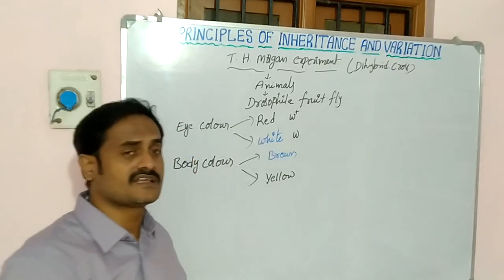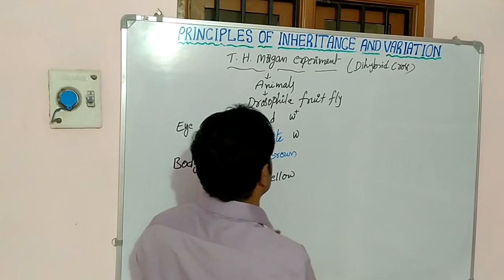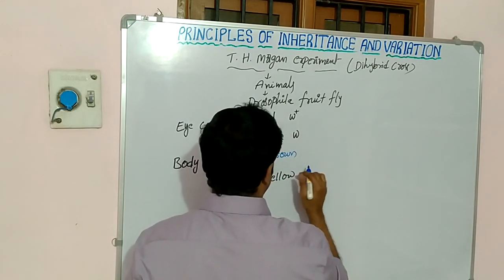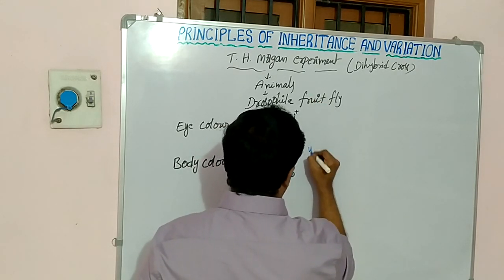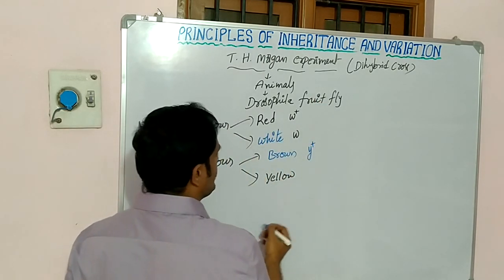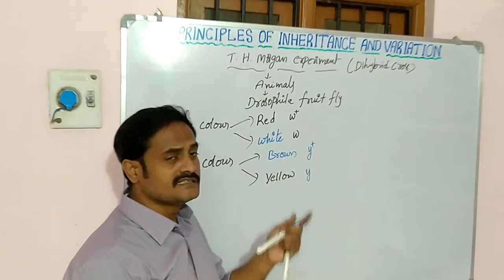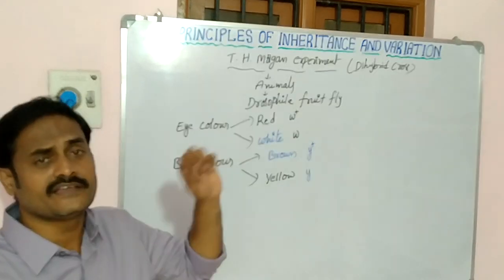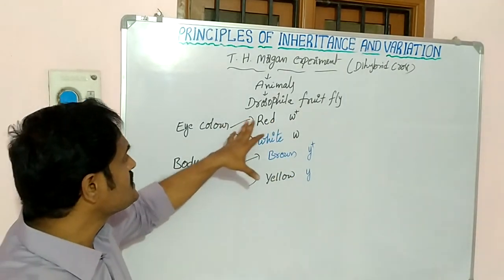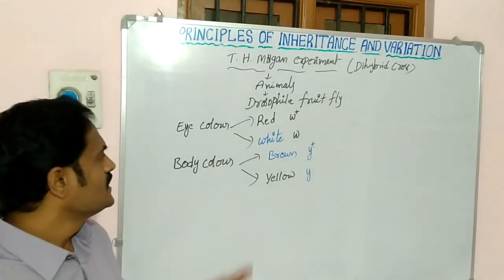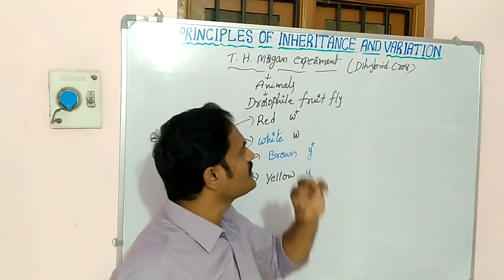Brown color is indicated by Y plus, remember, and yellow by Y. So like that, different characters are identified in the fly and he used letters for these contrasting characters.